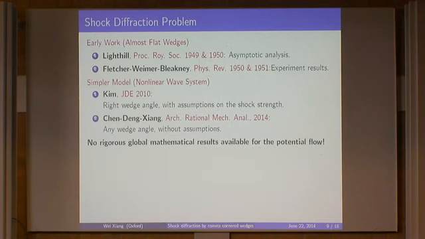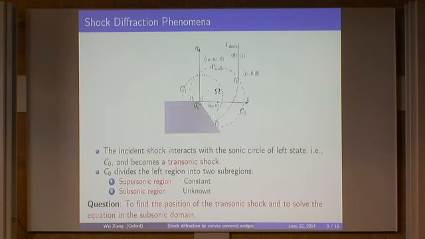Now, some history of this problem. It was studied by Lighthill, who proposed these papers in 1949. Lighthill studied the problem when the wedge angle is small, as a perturbation about the wedge angle, and obtained the structure of the shock.